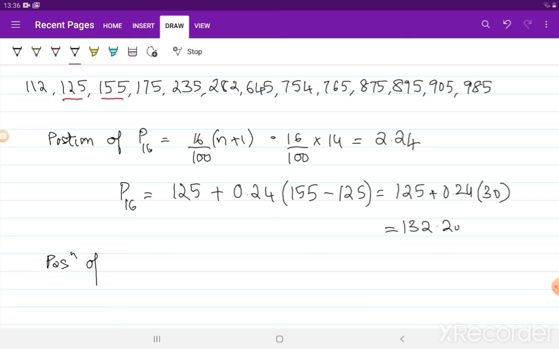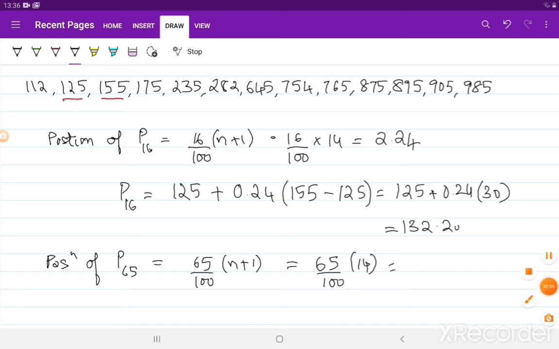Similarly, the position of the 65th percentile. The 65th percentile will have 65/100 of the total observations below it. So 65/100 of 14, which is equal to 9.1.